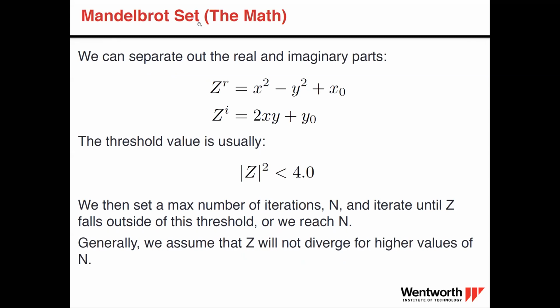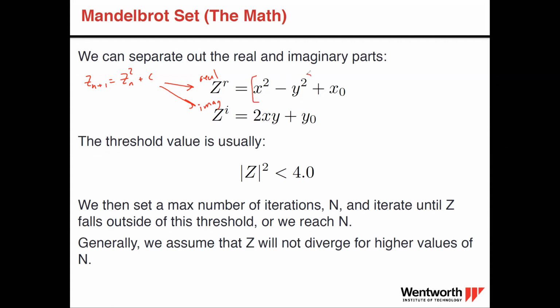So the equation that I just showed you, z of n plus 1 equals z squared n plus c, is this, but with the real part and the imaginary part. Because z squared is this for the real, and c, remember, was just x0 plus i y0.